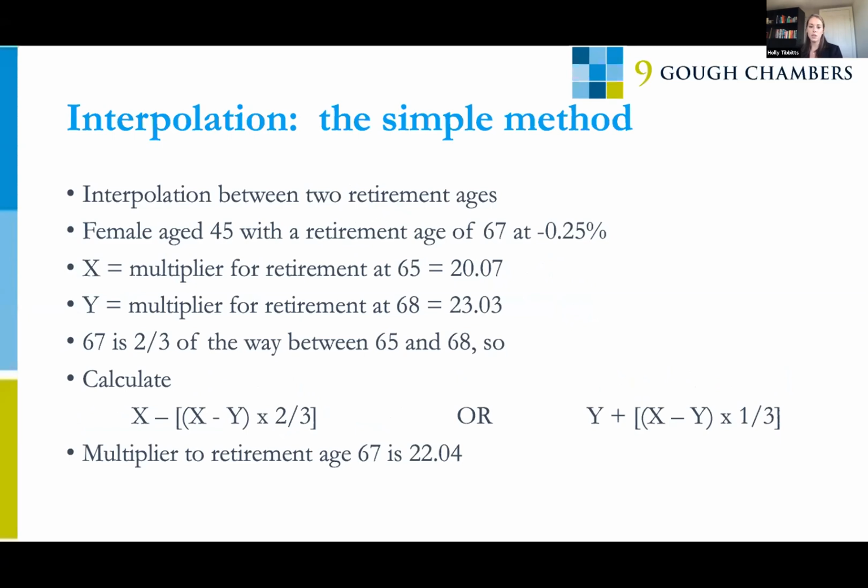Because 67 is 2/3 of the way between 65 and 68, you calculate x minus y times 2/3, or y plus x minus y times 1/3. And that gives you, again, very quickly, a multiplier to retirement age of 67 of 22.04.